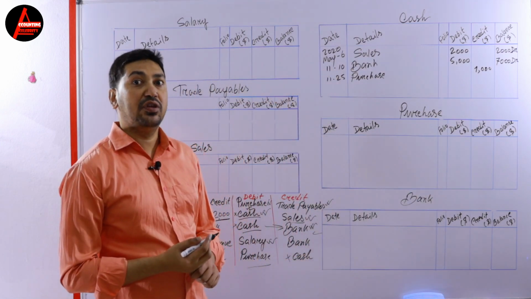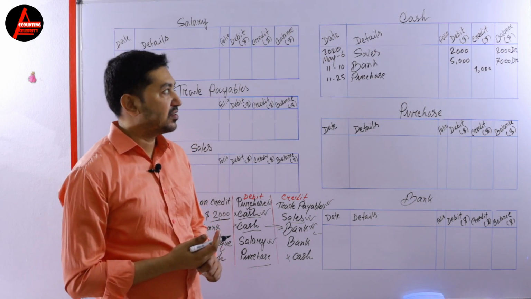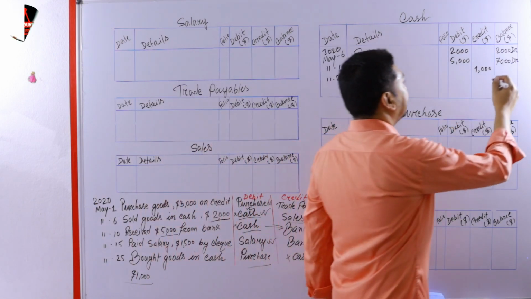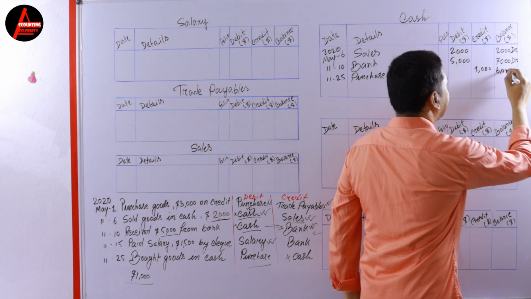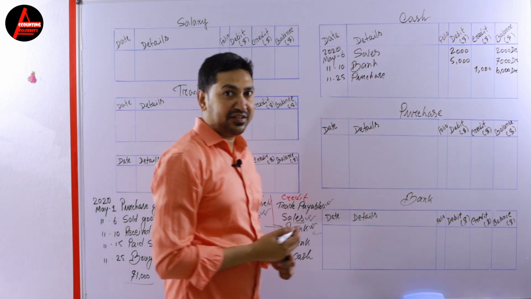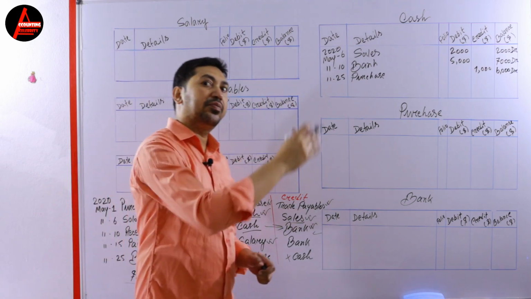Now what will be your balance? Guess what will be your balance? If you said your balance is $6,000 DR, then you are correct. Why $6,000? So look at your previous balance.